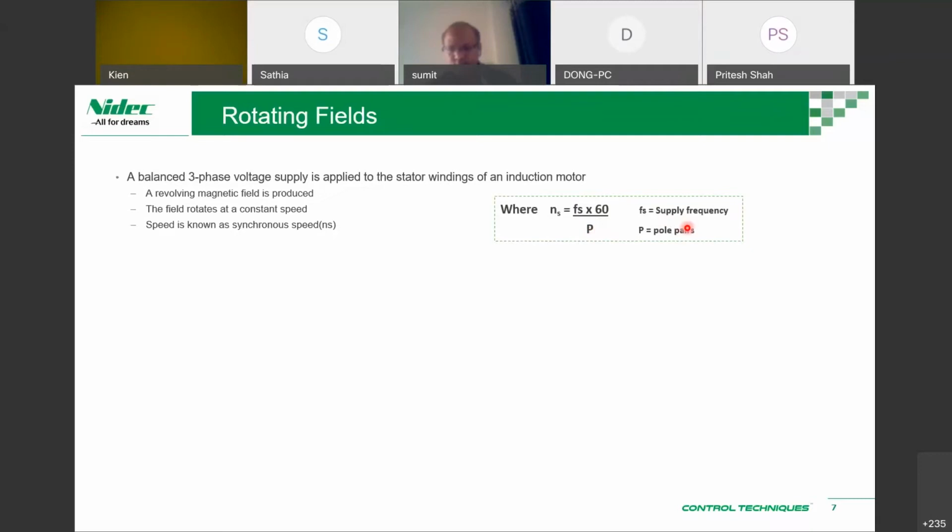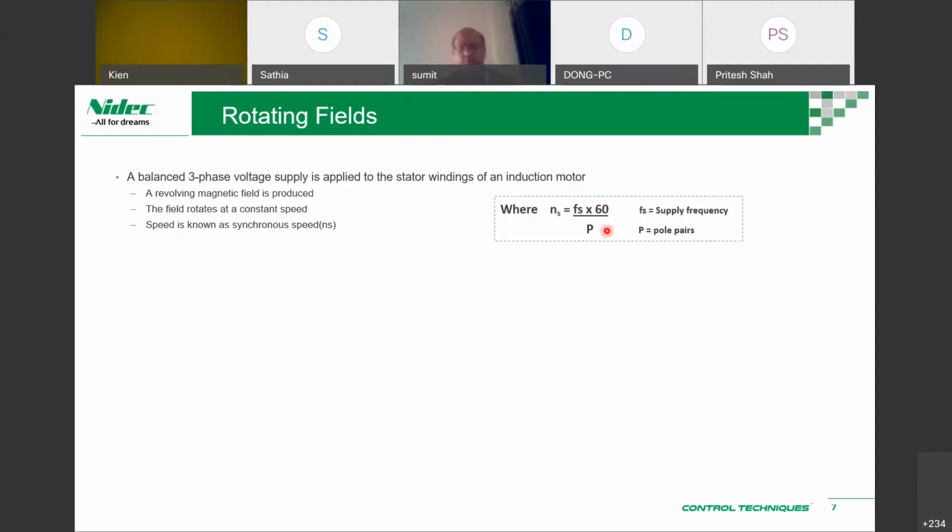If you have 4 poles, then you have 2 pole pairs. If you have 6 poles, then you have 3 pole pairs. Then 50 hertz times 60 would be 3000. So if you have a 2-pole motor, you have 3000 RPM, or revolutions per minute. If you have a 4-pole motor, it would be 1500. If it is 6 poles, you have 1000, and so on.